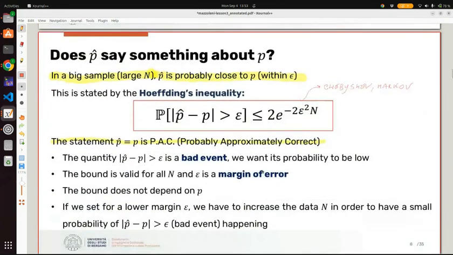And in particular, when I take a big sample, a large number of marbles, I can say that our estimate P hat of the unknown and true probability P is probably close to P. And this is stated by that inequality I was trying to remember last time without success.